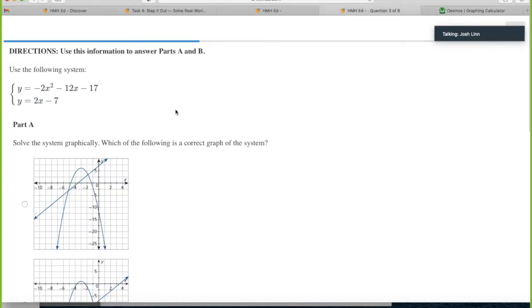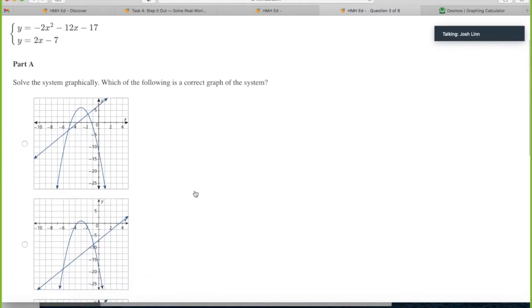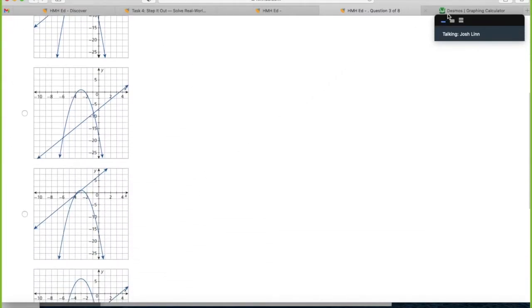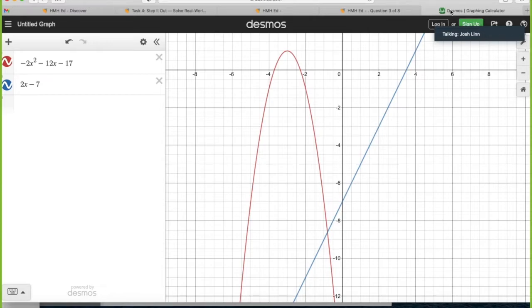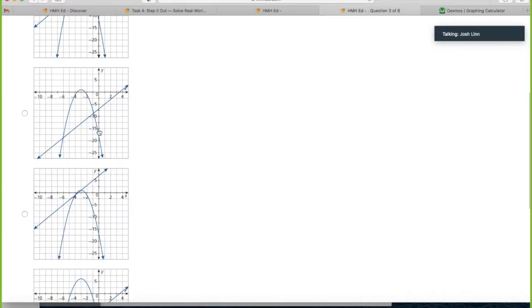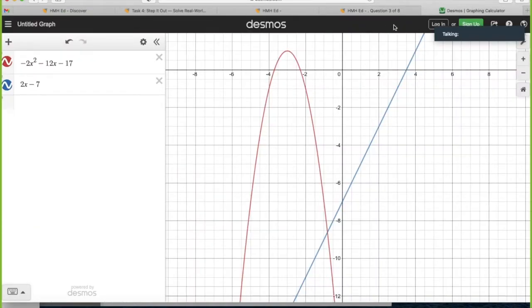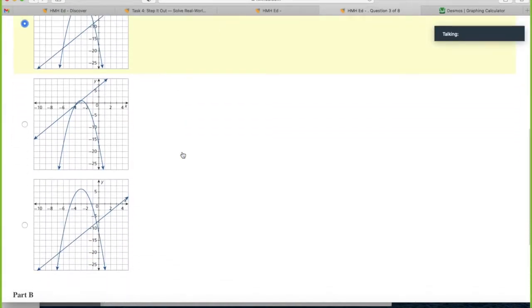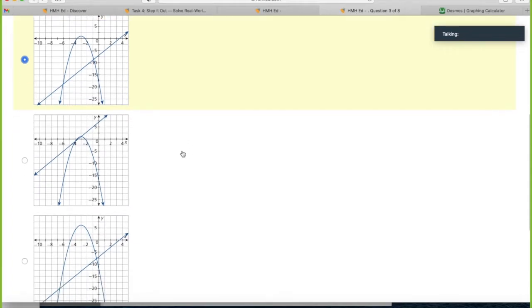So when we come back here, solve the system graphically. That one kind of looks right. Ooh, I'll have to check that.